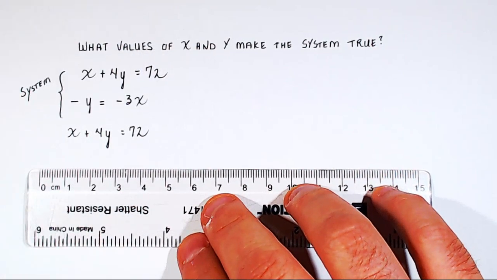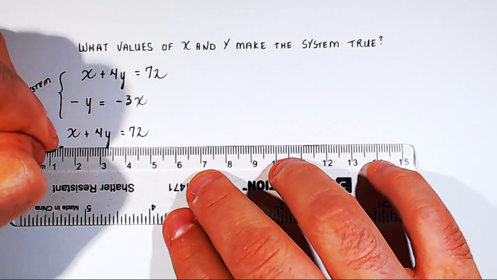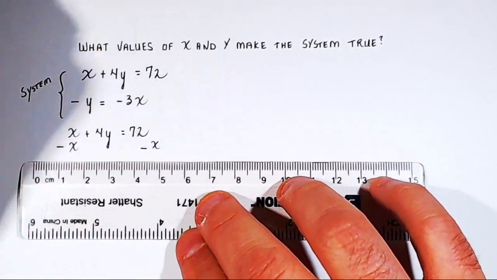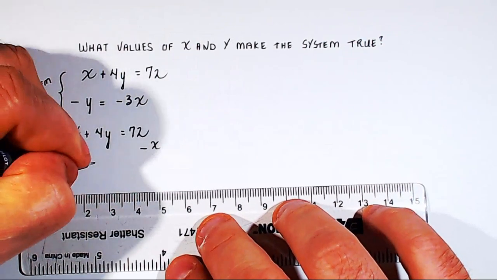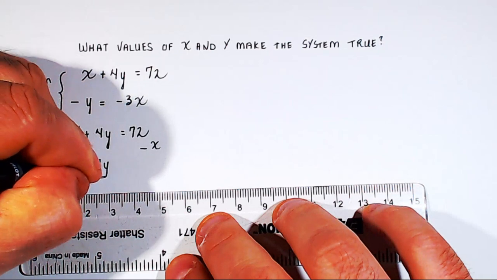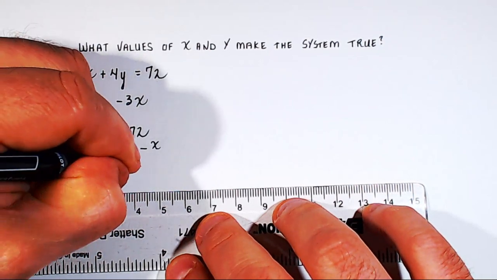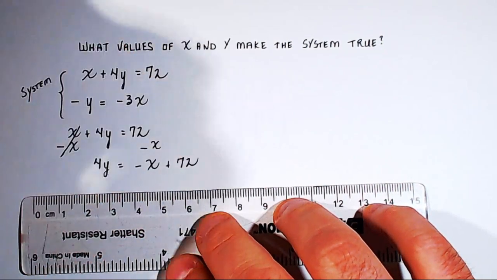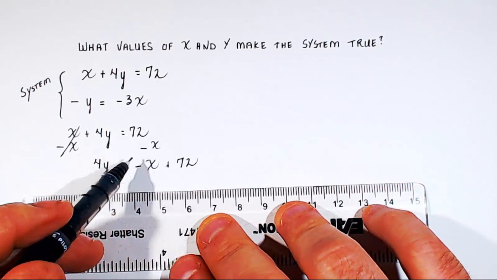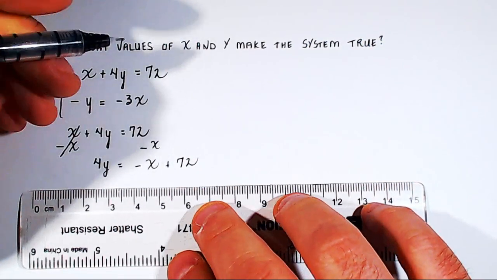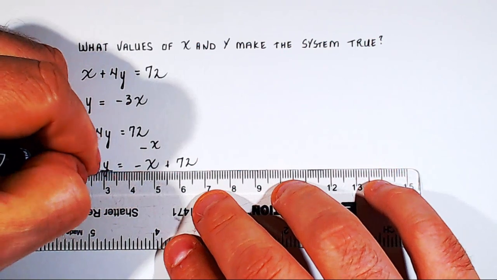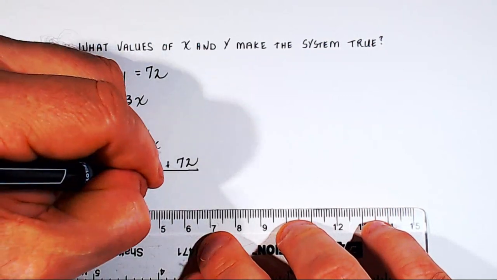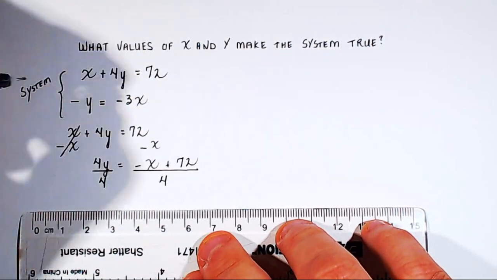So solve for y here. Subtract out x on both sides. These cancel, leaving 4y equals negative x plus 72. I can't combine x and 72, I just have to write them out. Then I divide both sides by 4 to get rid of the 4 on the y side.